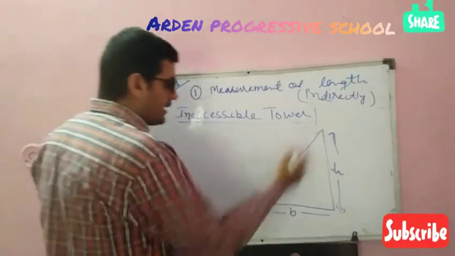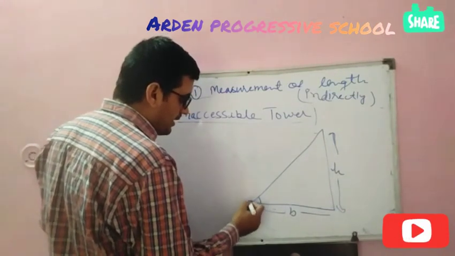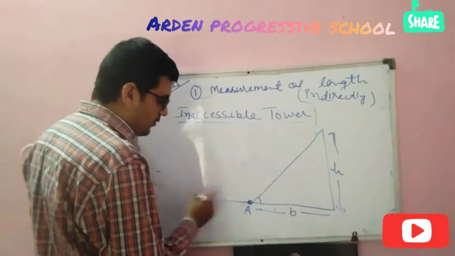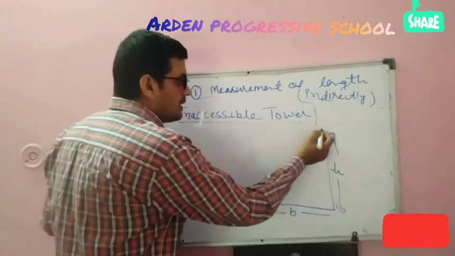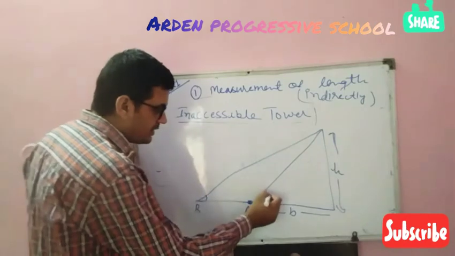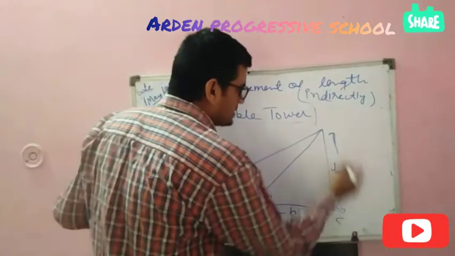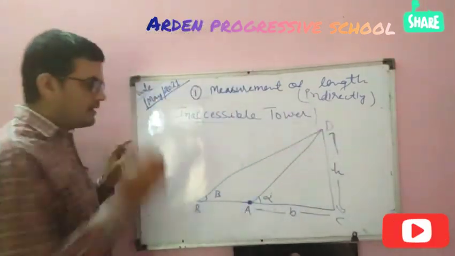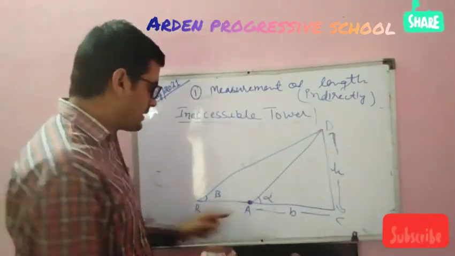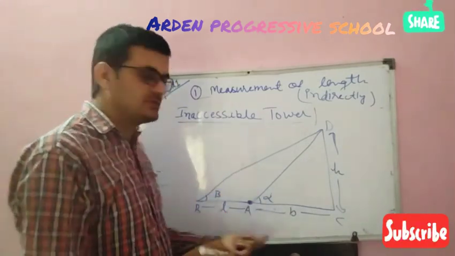So let the angles of elevation from point A and point B be alpha and beta. We have taken two points of observation like this: A, B, name them C, D. Suppose this is L, which I have taken by my choice.